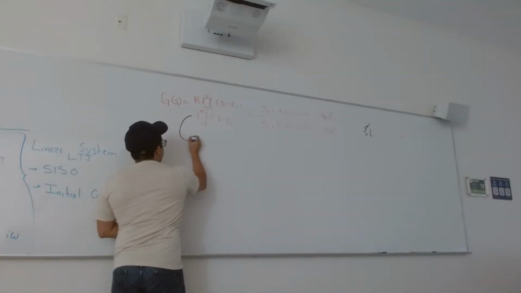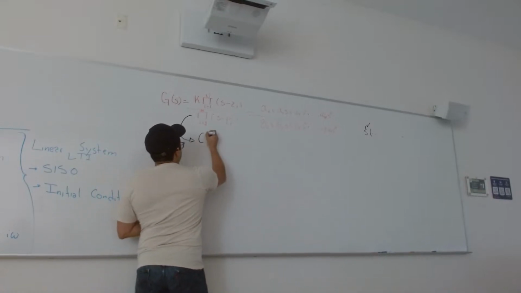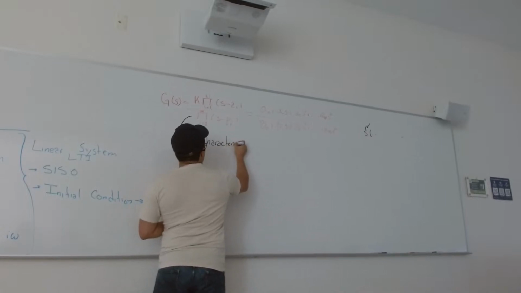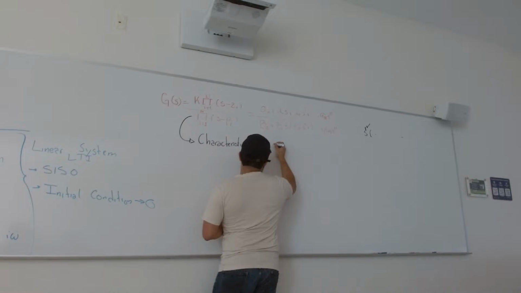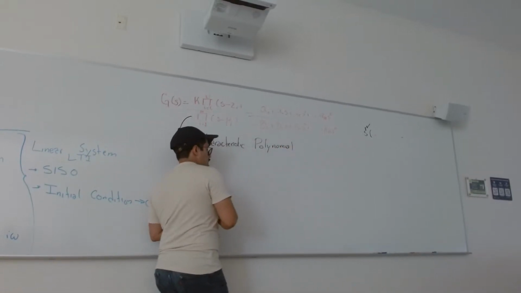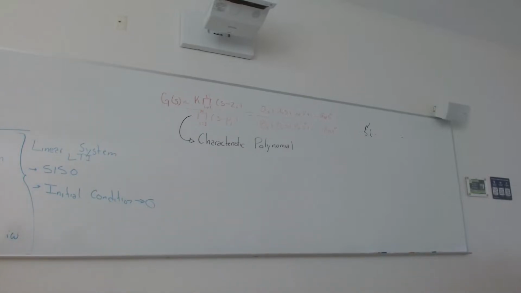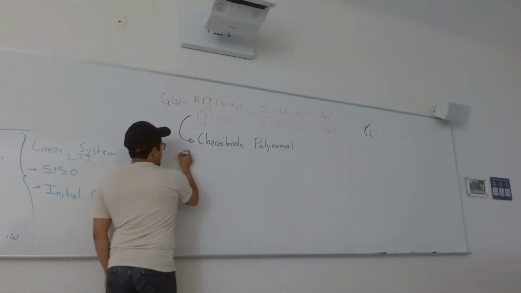Okay, so what is this called? The characteristic polynomial. Cool. And what are the properties of the characteristic polynomial? It allows us to see how the system behaves.